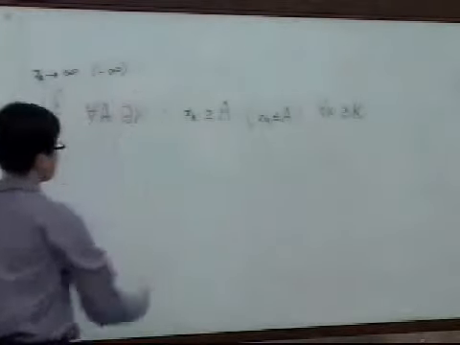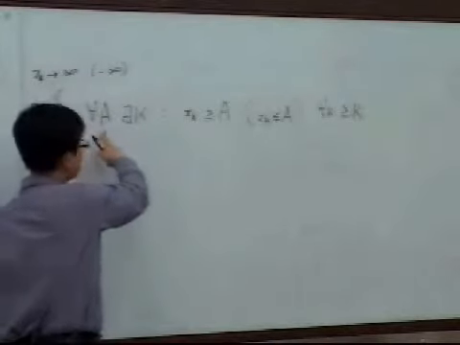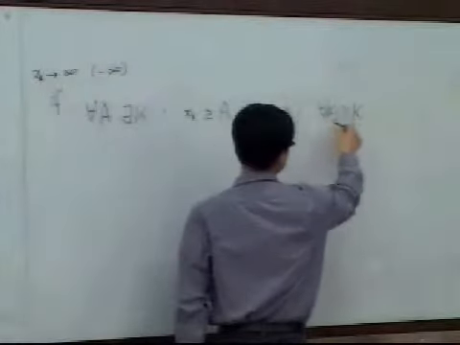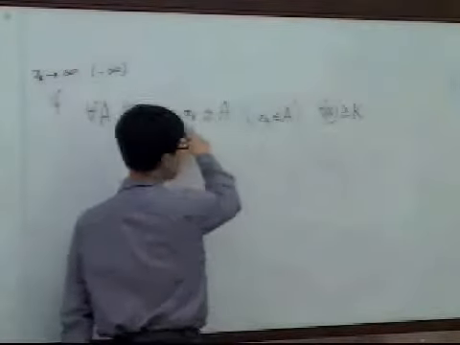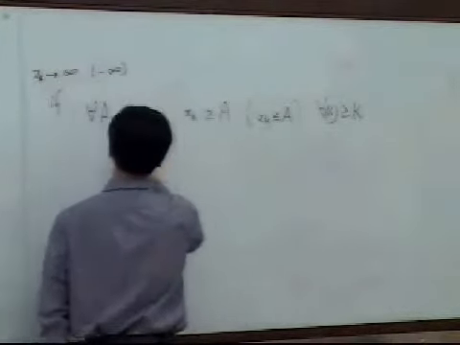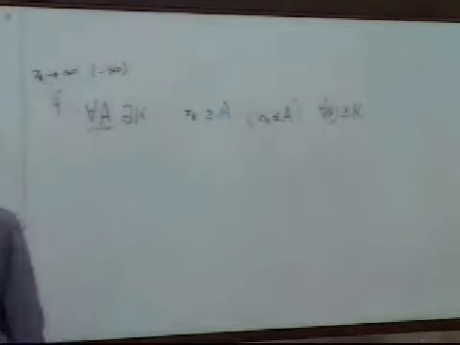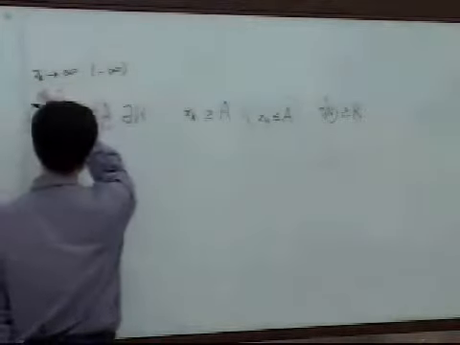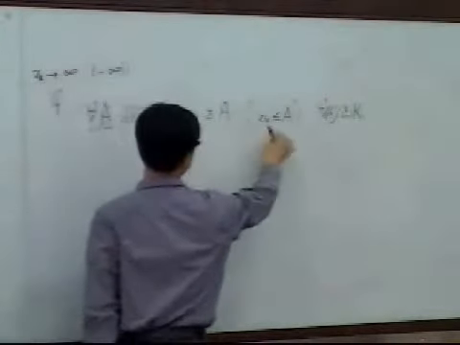The sequence diverges to infinity if for all a there exists some large number K such that x_k is greater than a for all k greater than K. It's another statement in a different form. If x_k diverges to minus infinity, then instead of that you have to use this one. Okay?